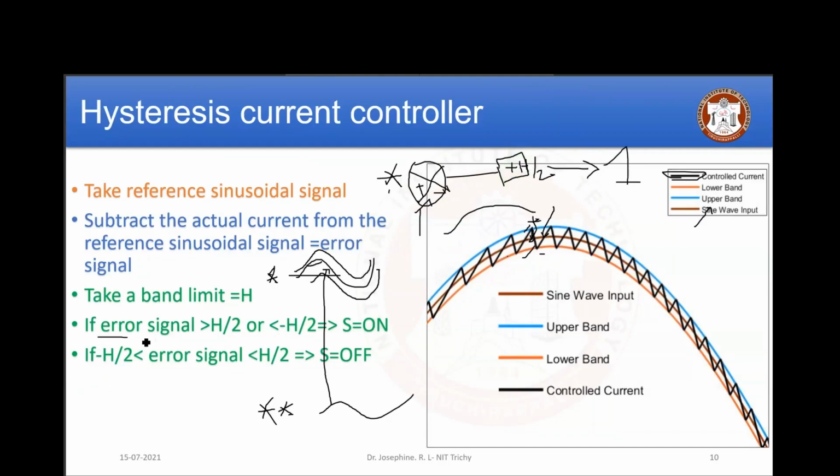If the error signal is greater than h by 2, make your signal 1. At the same time, if the error is less than minus h by 2, make your signal 1. So whenever it crosses this blue color line or this brown color line, it has to give 1. That means the switch has to go. If you give that, at this instance, it's going to toggle like this.